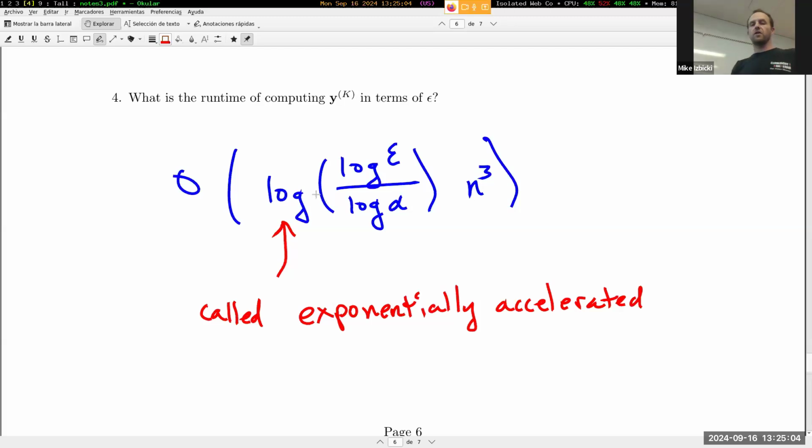You would not be able to use this algorithm on a web graph, because this n cubed here, 10 to the 15th cubed, is an astronomical number and would never finish. But if you had a smaller graph and you needed much better accuracies or much different alpha values, then this could be a good algorithm.